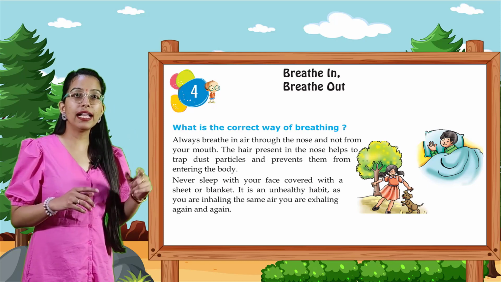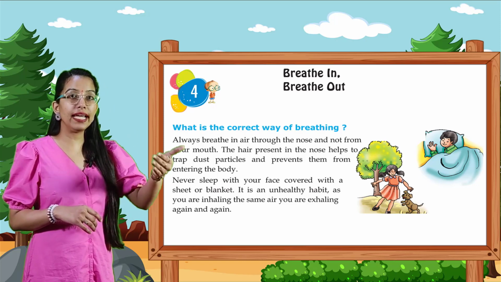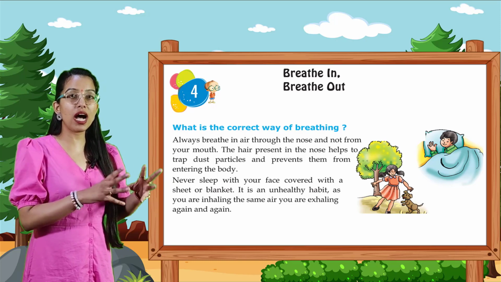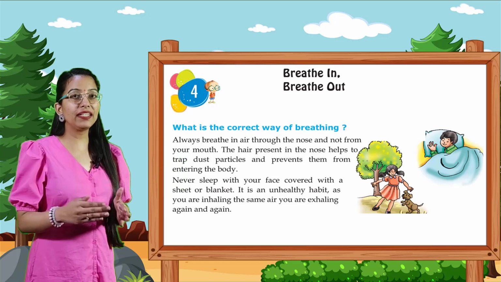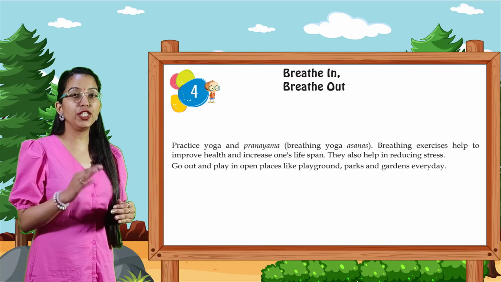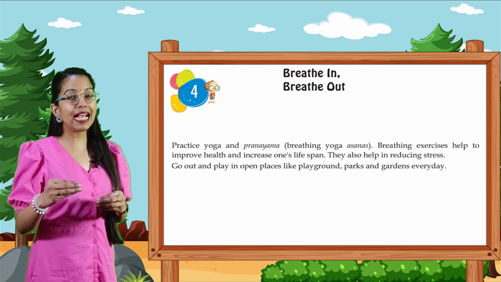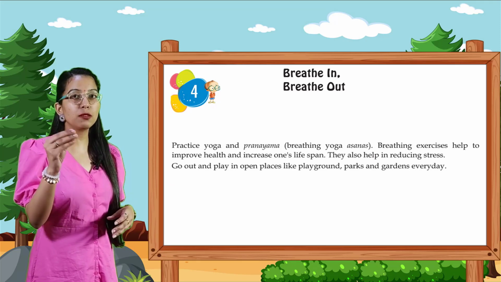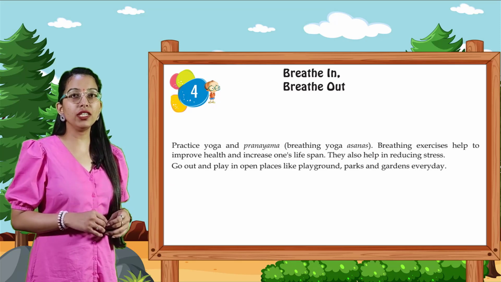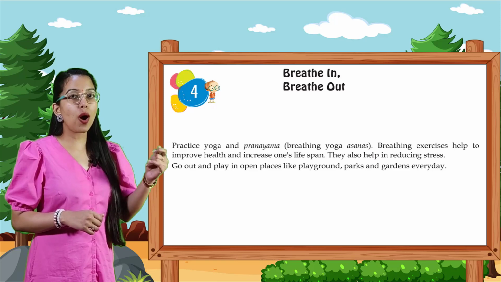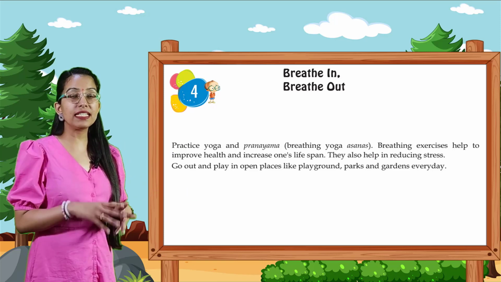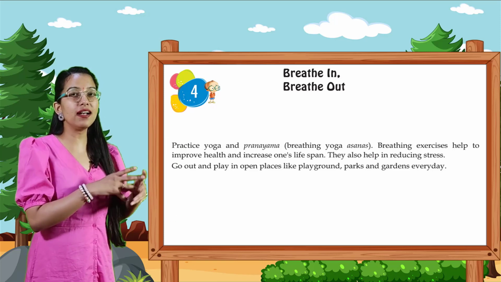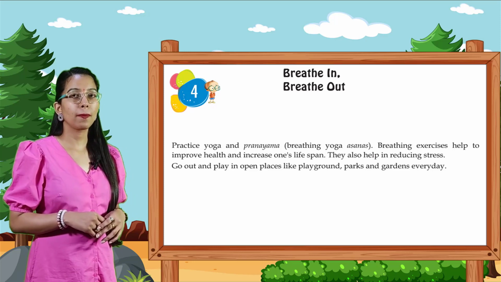It is an unhealthy habit as you are inhaling the same air you are exhaling again and again. Practice yoga and pranayama breathing, yoga asanas. Breathing exercises help to improve health and increase one's lifespan. They also help in reducing stress. Go out and play in open places like playgrounds, parks and gardens every day.